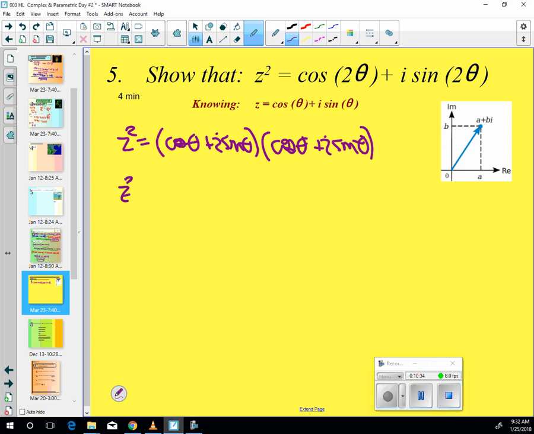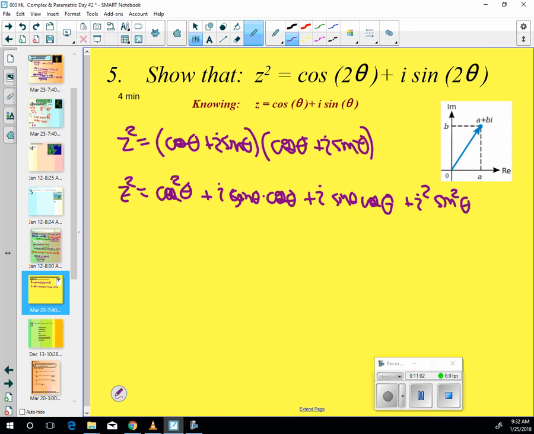So when I FOIL this out, I get cosine times cosine, or cosine squared theta. Then I get an I sine theta times cosine theta. And then I get an I sine theta cosine theta. And then I get an I times I, which is an I squared sine squared theta.